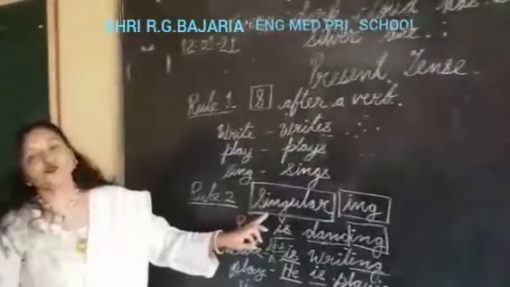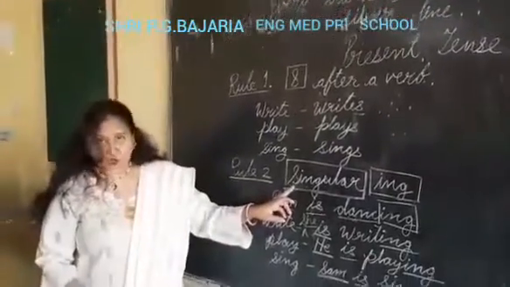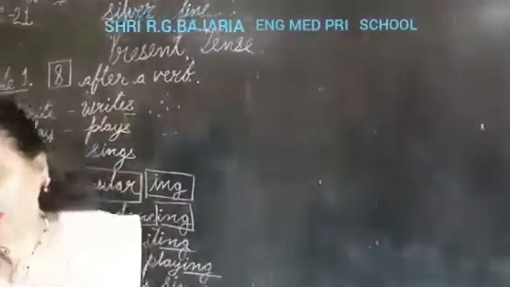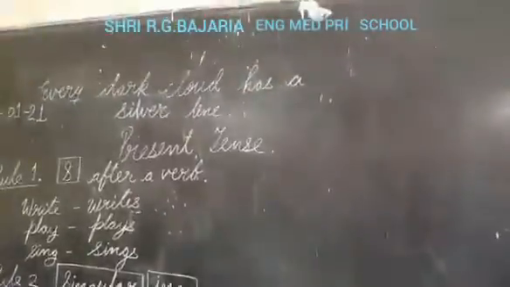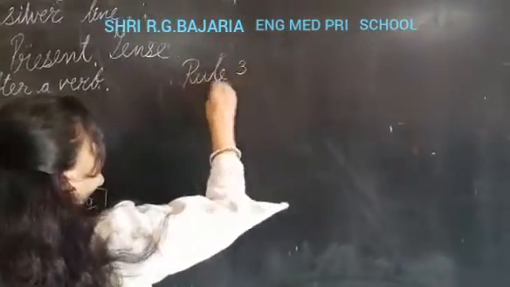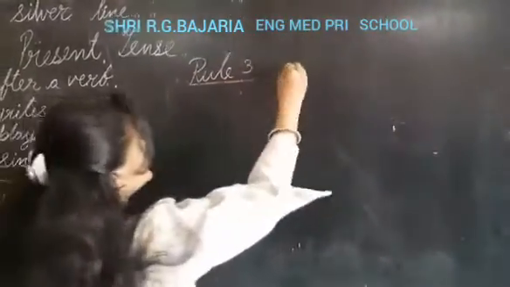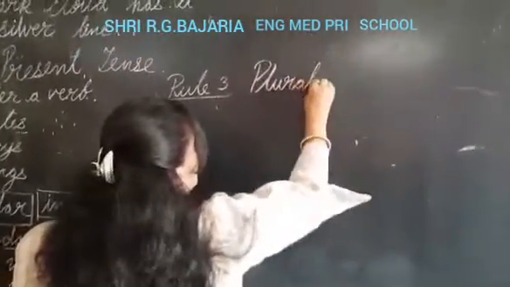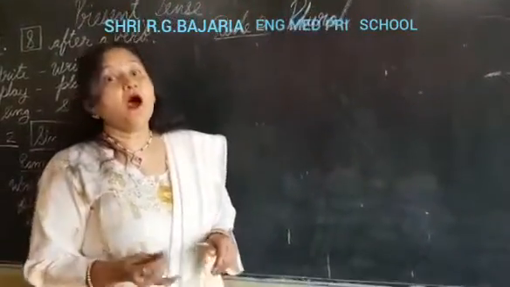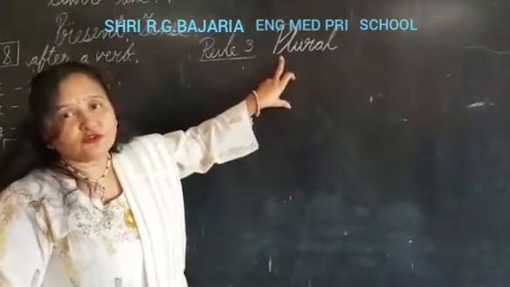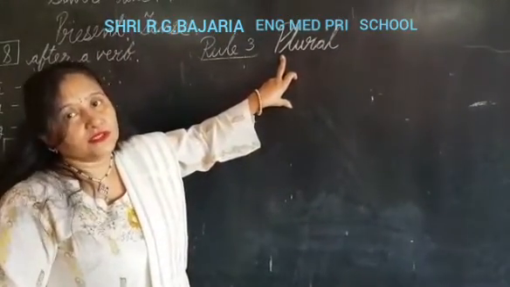Now we are going to do plural noun. So that is our rule 3. And here we use plural. First, dear children, let us learn how to say this word. Most of us pronounce this word wrong.